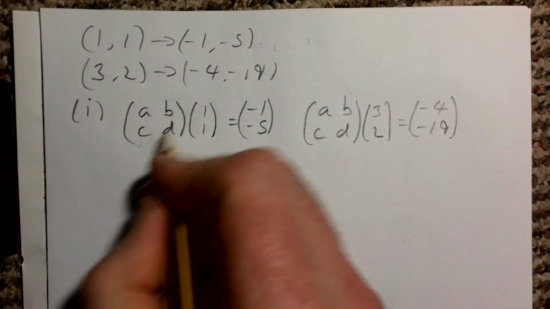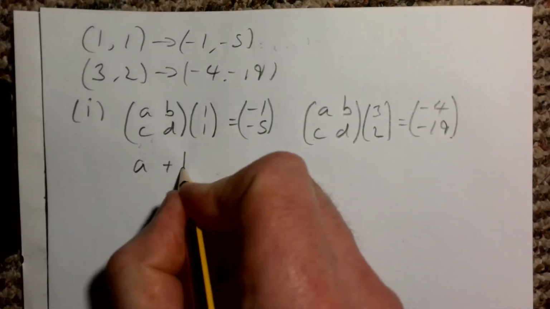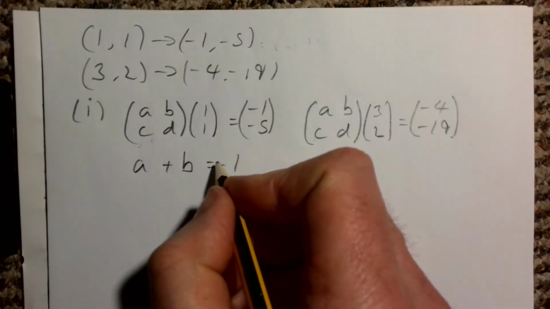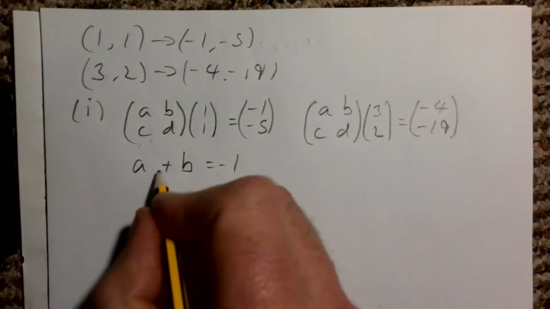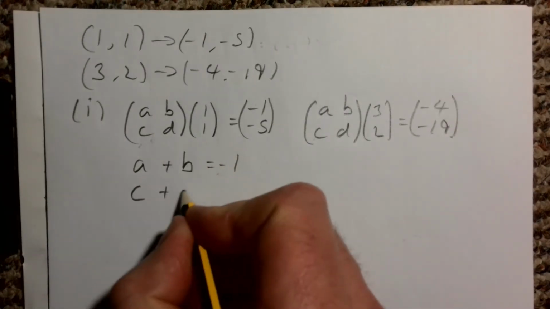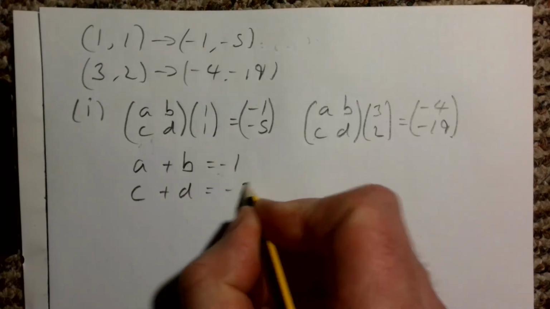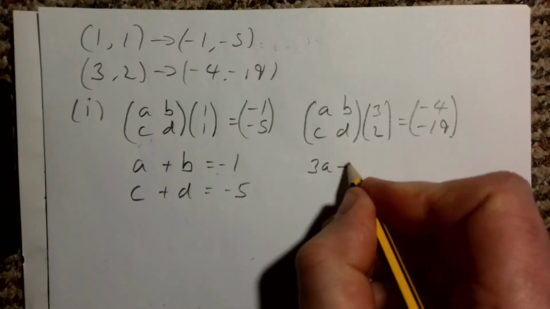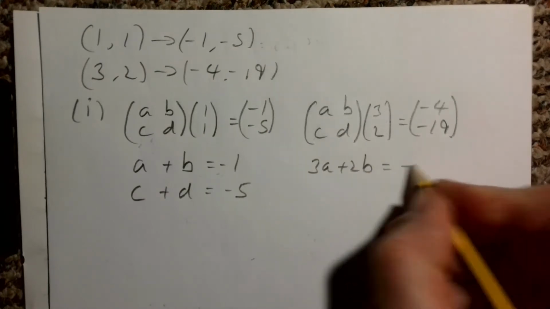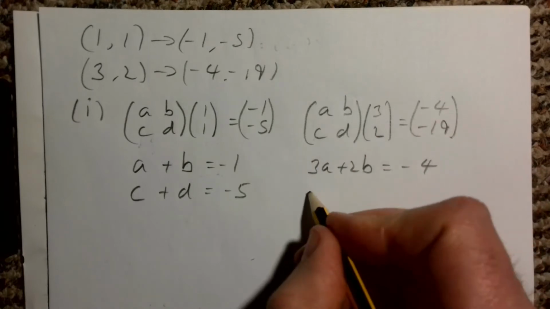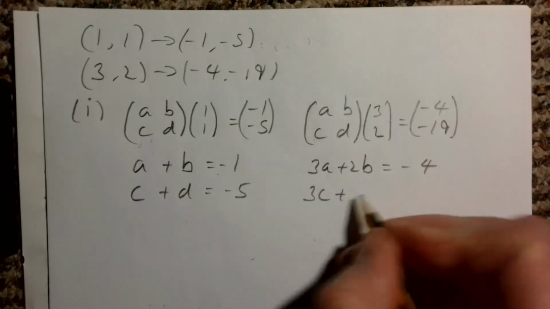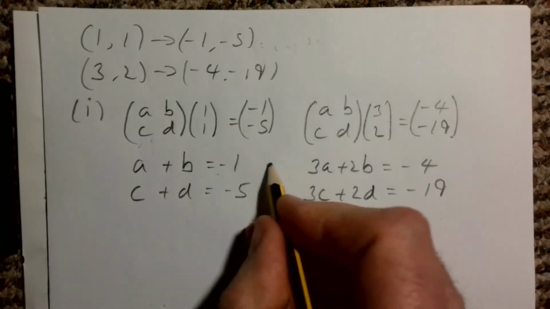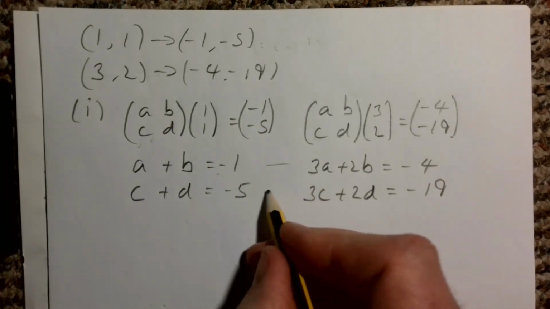Multiplying this out, we're going to have A plus B equals -1, C plus D equals -5, 3A plus 2B equals -4, and 3C plus 2D equals -19.